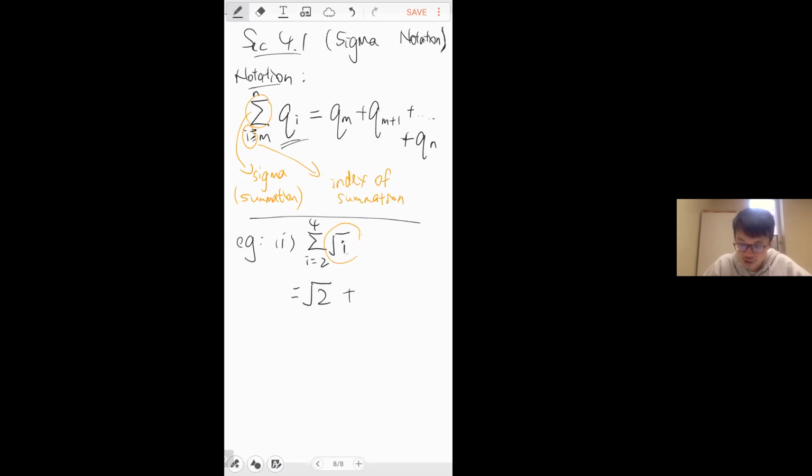The next one will be 3, so root 3. The last one is 4, so root 4. Make sense? Yes. So how would you enter it? You just enter root 2 plus root 3 plus root 4.